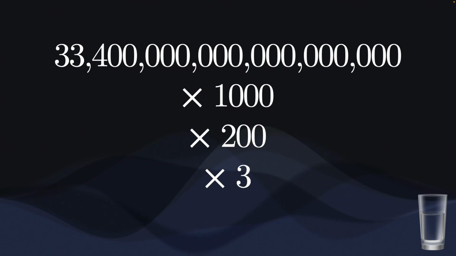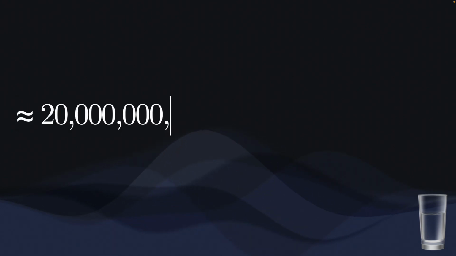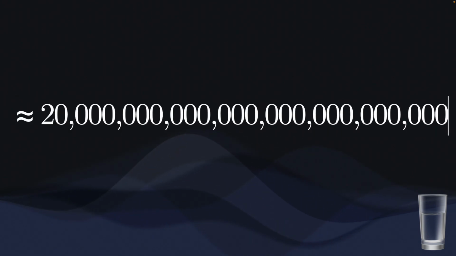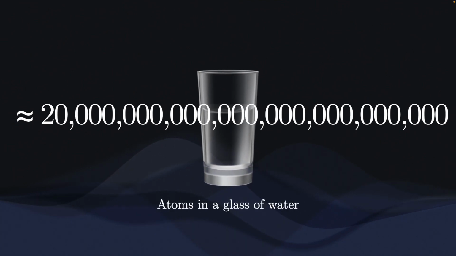And the number that this gives us is an approximation for the number of atoms in this water glass, which is approximately 20 septillion atoms, a very huge number. And if we count the number of zeros, 1, 2, 3, 4, 5, 6, 7, 8, 9, 10, we find out that's actually 25 zeros.